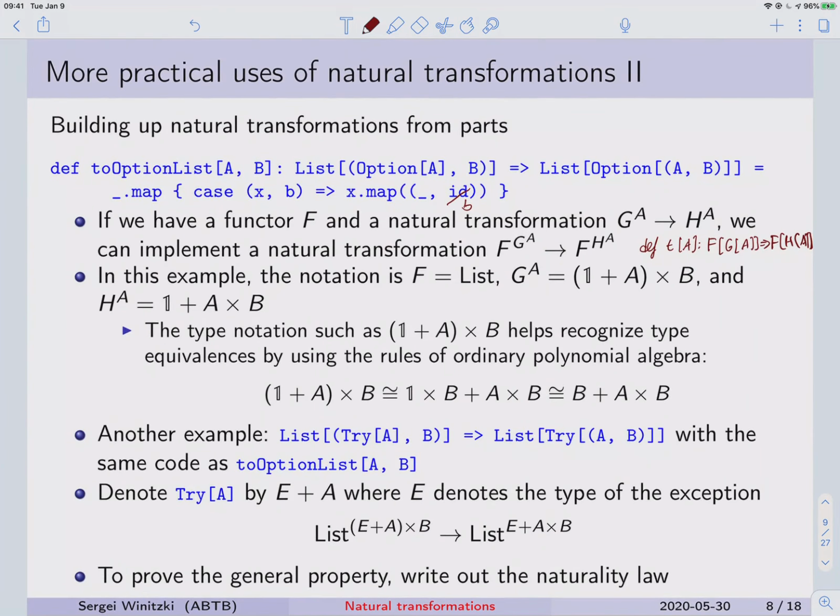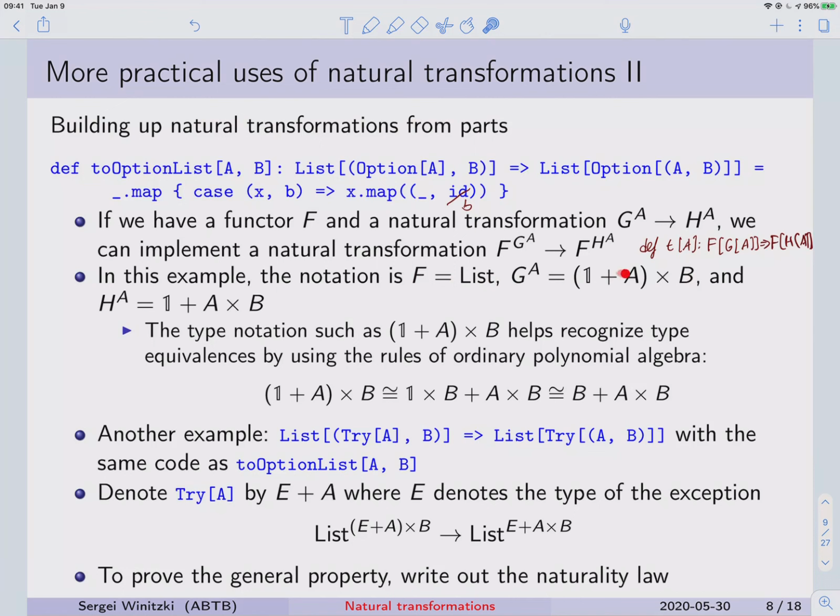So the short notation puts a in a superscript of g and puts g of a into a superscript of f. And in this way, it replaces these nested brackets in Scala. So in our case, f is list, ga is this, and ha is that.